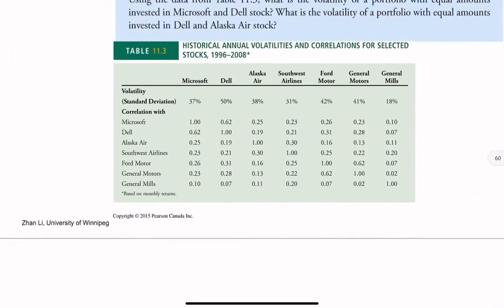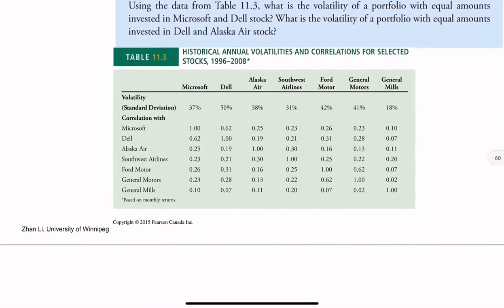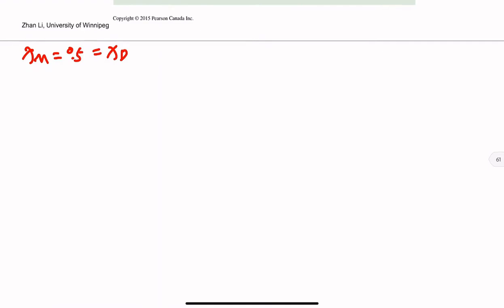Let's solve this. For the first portfolio, you would invest 50% in Microsoft and in Dell. So the portfolio weight of Microsoft is 0.5 and Dell's portfolio weight is also 0.5.